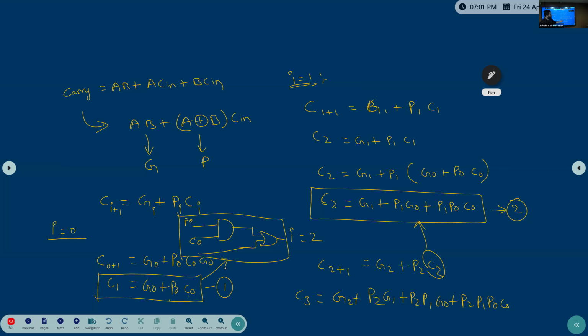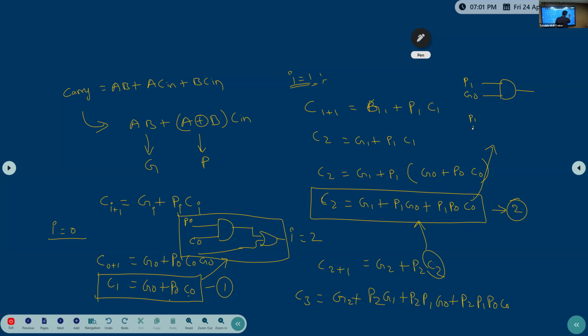In the same way, what is the circuit for equation 2? P1 and G0 both need to be ANDed.